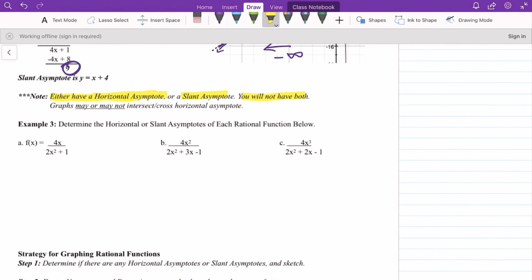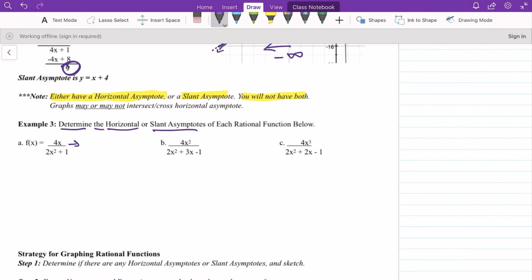So all I want to do in these 3 examples is determine whether the graphs have a horizontal or slant asymptote and figure out what the actual asymptote is. So in the first one, remember you're looking at the degrees of the numerator and the denominator.